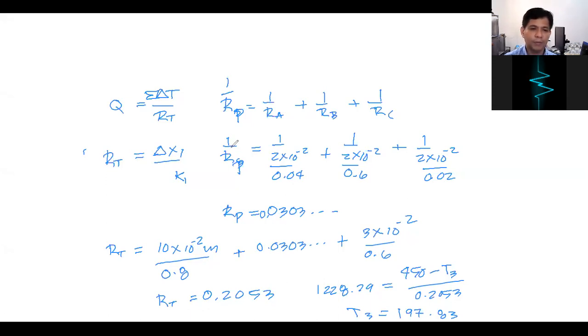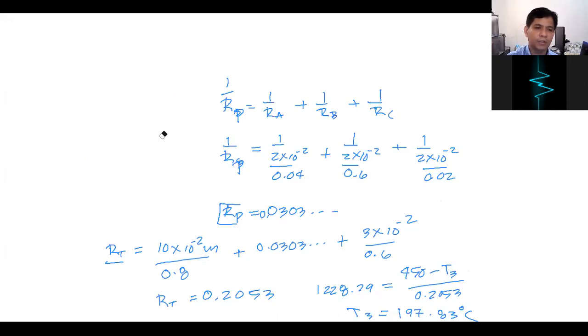Nakukuha niyo lamang yung RP, resistance ng parallel, tapos kunin niyo yung RT, tapos yun na, you can get T3. Okay? So in order to get yung final temperature na 75, heat conduction equation na lang, no? Makasunod. Naintindihan na?